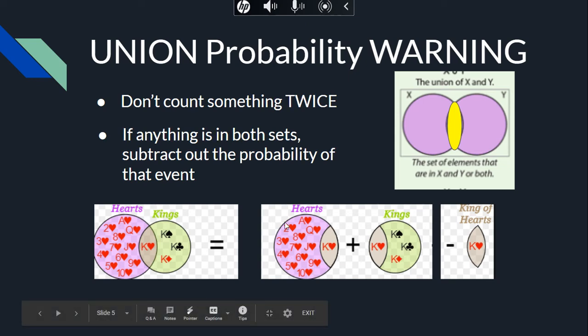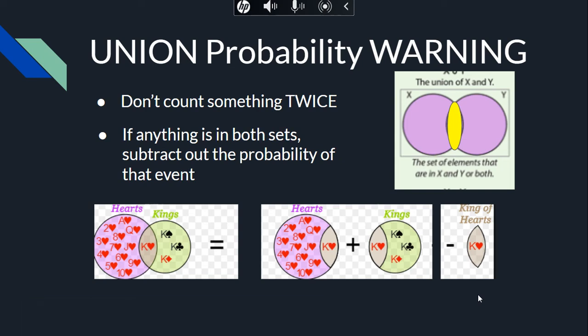So I have 13, and I really actually only have 3 more chances because I've already counted that king. So I would do 13 plus 4 minus that one that's overlapped. I really only have 16 chances of winning. So just double check. You always want to ask yourself the question, is there anything that belongs to both categories that I've accidentally counted twice?